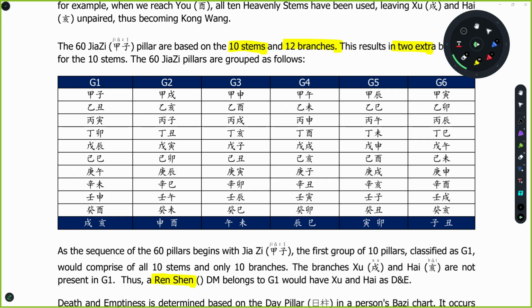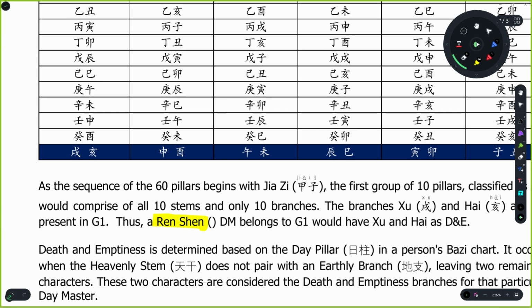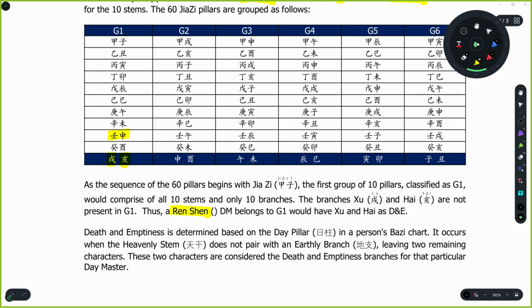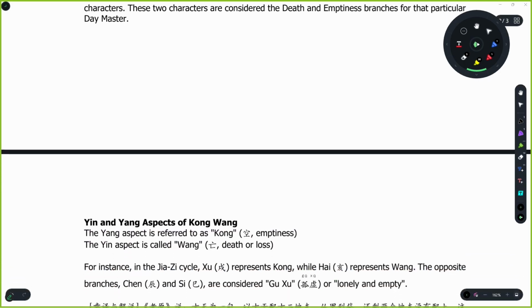So therefore, death and emptiness would mean the opposite of affinity. It means no affinity. Okay, so here we have the day master, which is the Renshen. So the Renshen day master will have no affinity with the dog and no affinity with the pig. That's where they consider it to be no affinity, as in one that's called death and one is called emptiness.